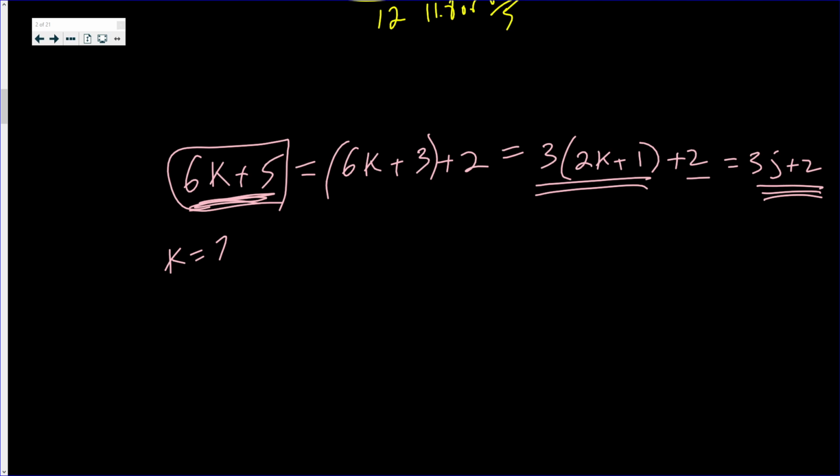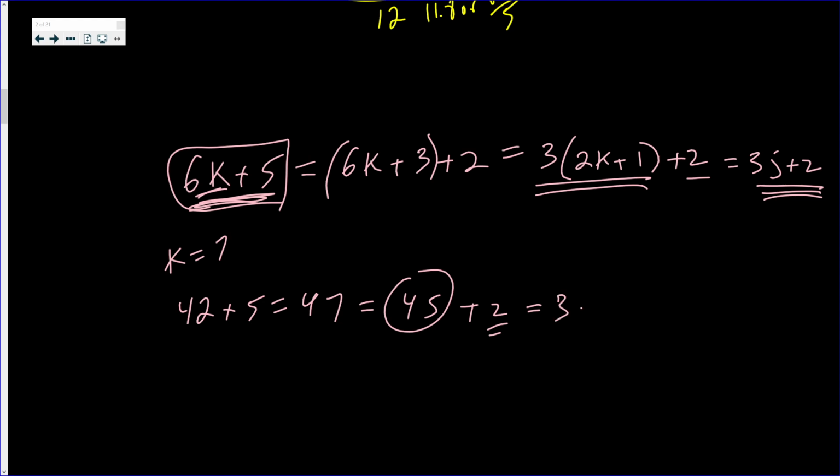Let k equal 7. 6 times 7 is 42 plus 5, that's 47. Well, 47, I want to make sure I write plus 2. So 47 is 45 plus 2. But 45 is on the 3 table.